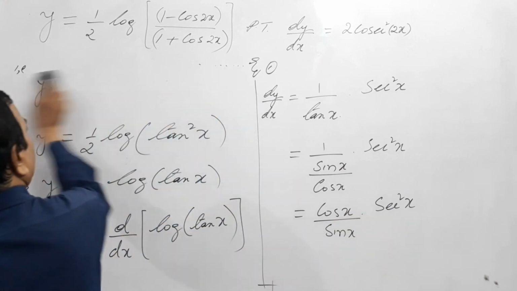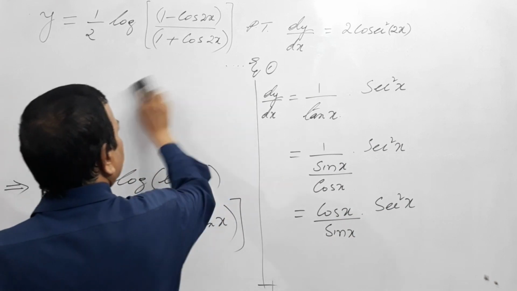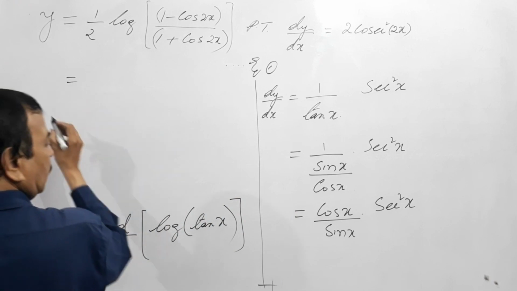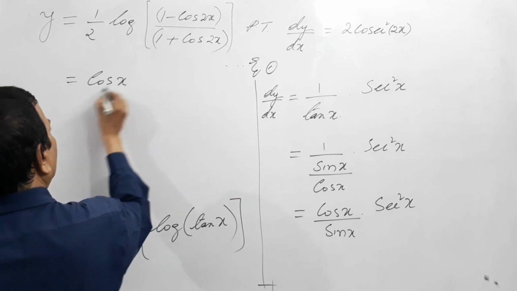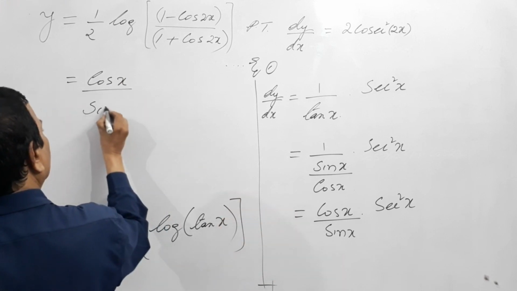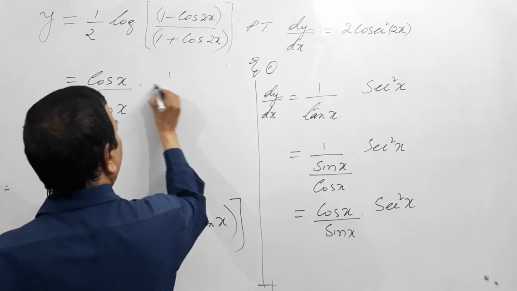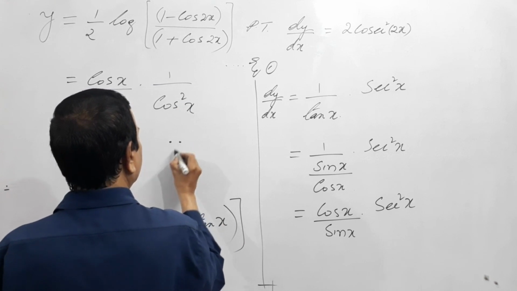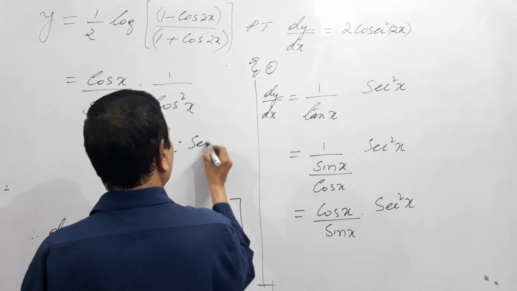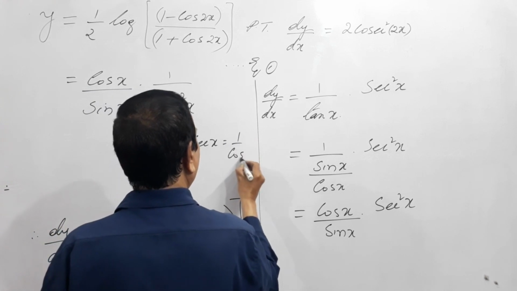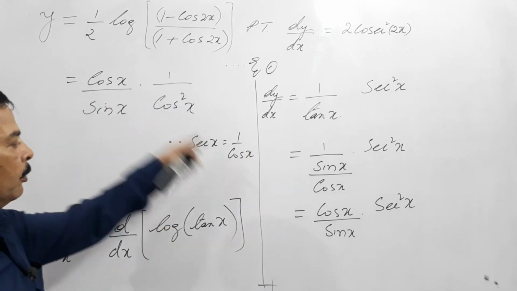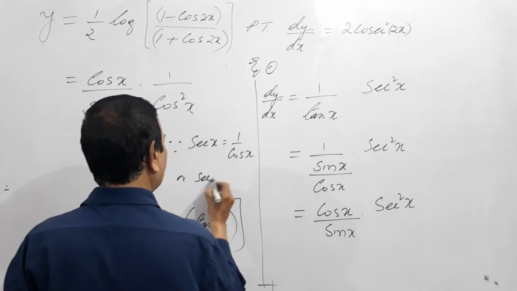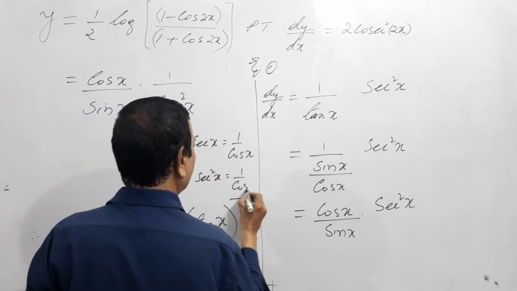So this can be written as cos x by sin x into 1 by cos square x, since secant x equals 1 by cos x, they are reciprocals. So since it is secant square x, secant square equals 1 by cos square x.